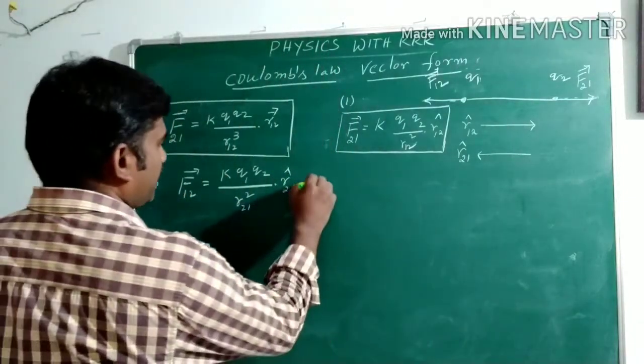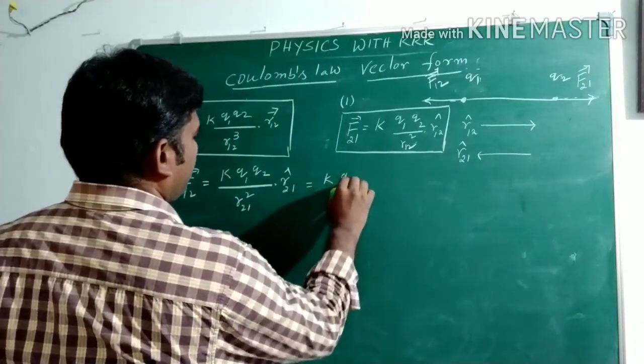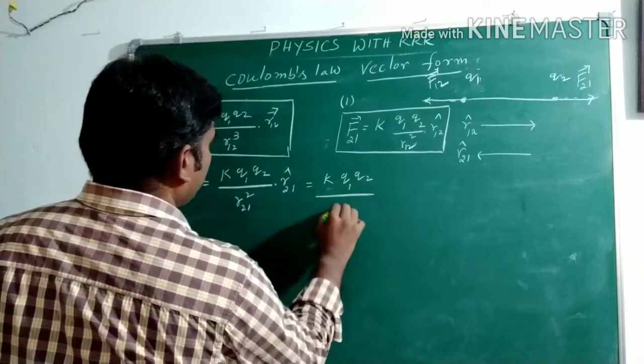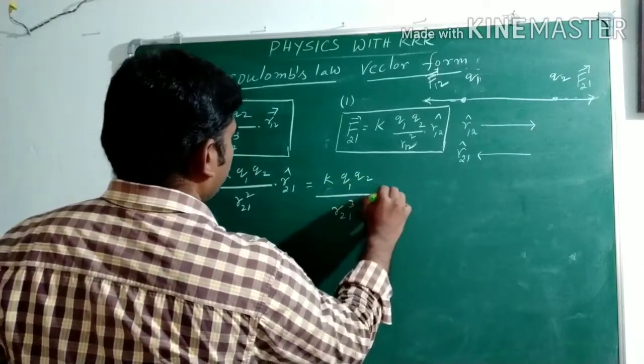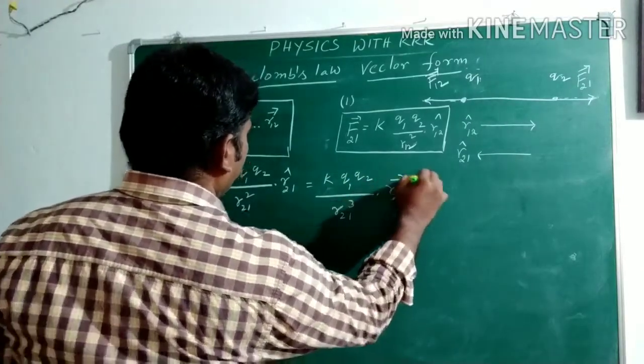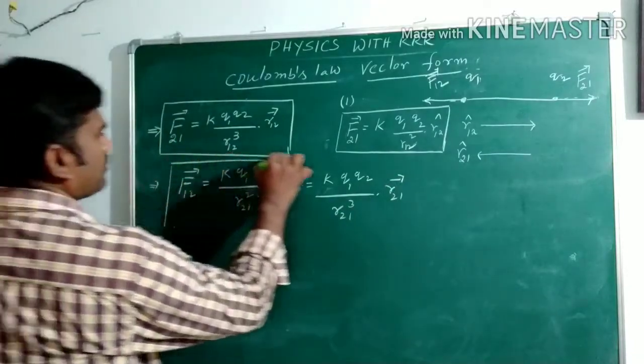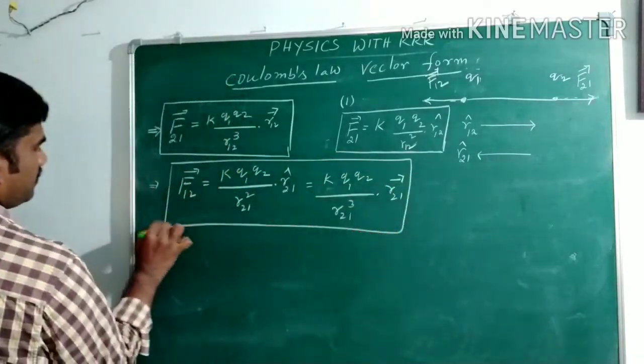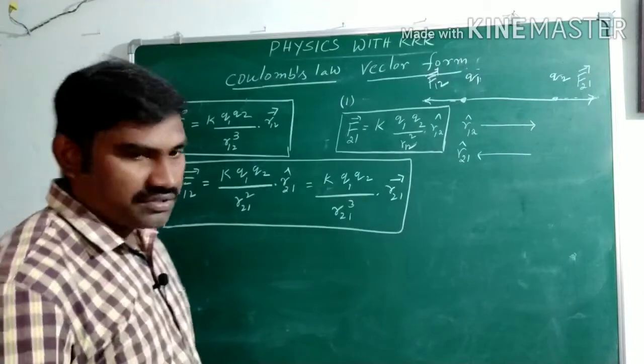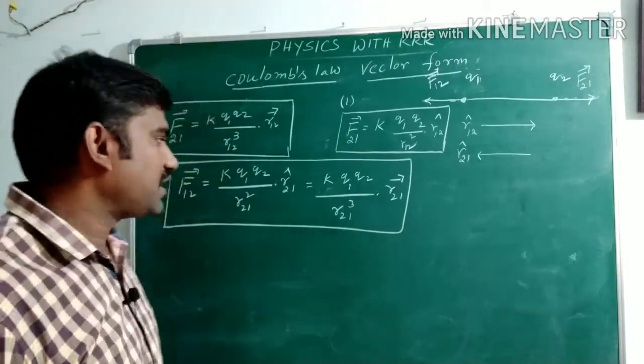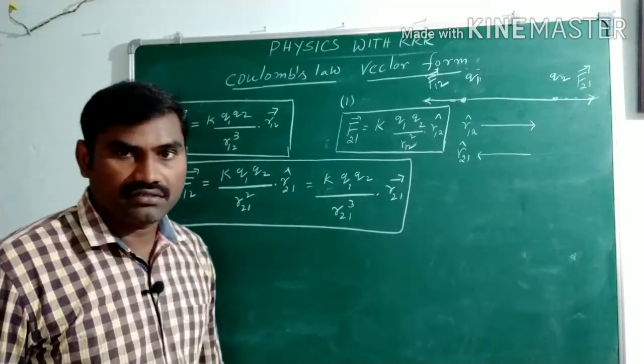Again from the same explanation we can write it as K Q1 Q2 by R21 cube into R21 bar. So this is the vector notation of Coulomb's law, or Coulomb's electrostatic force, expressed in vector notation.